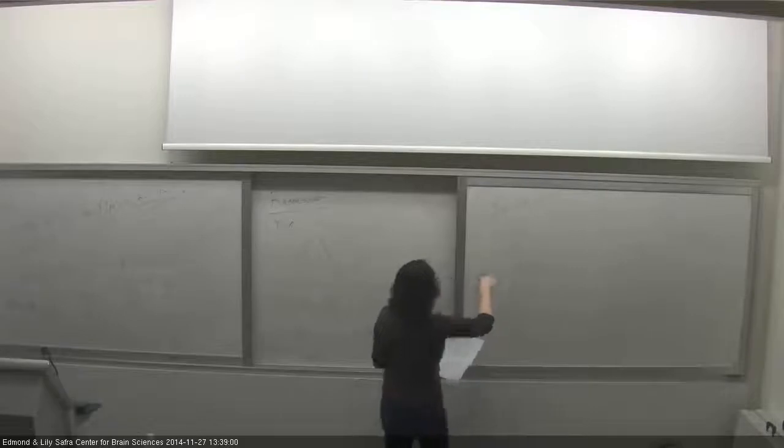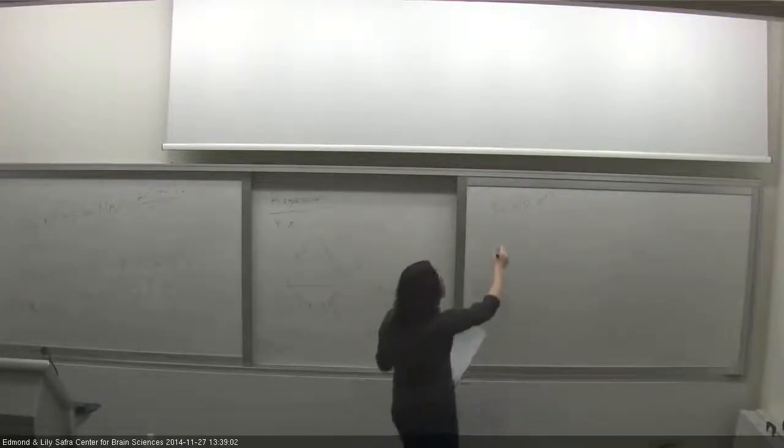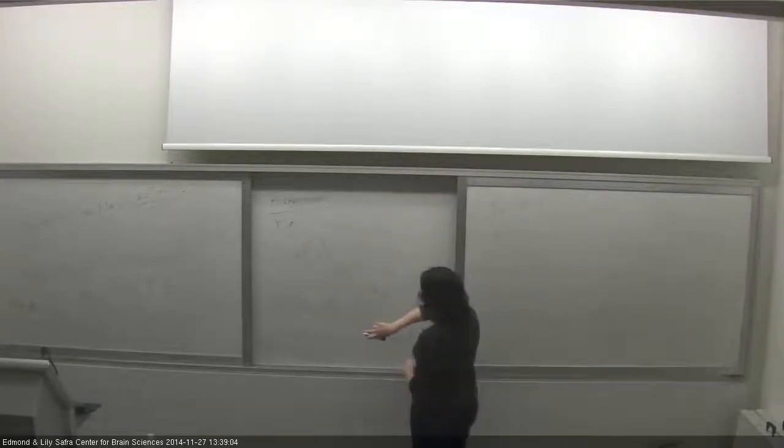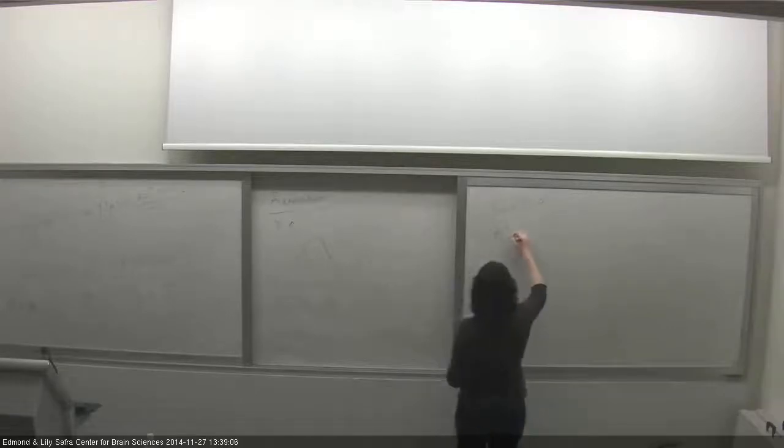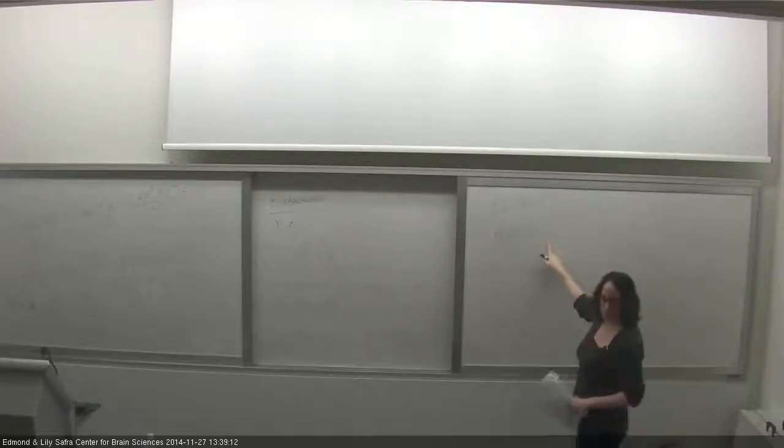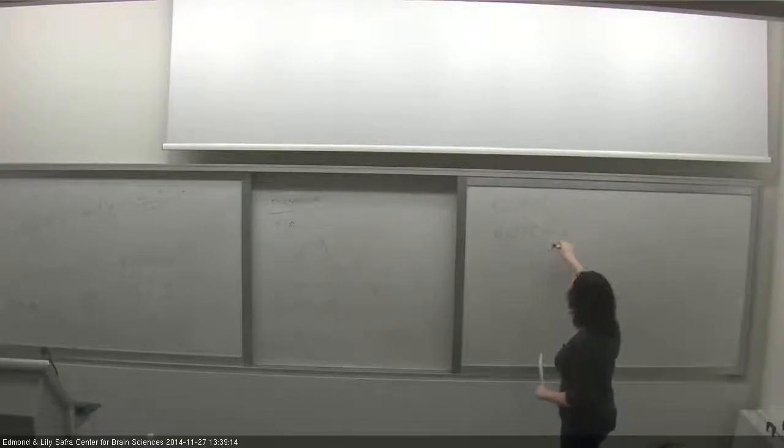Before we do that, what would be the distribution of y_n given x_n and some parameter?